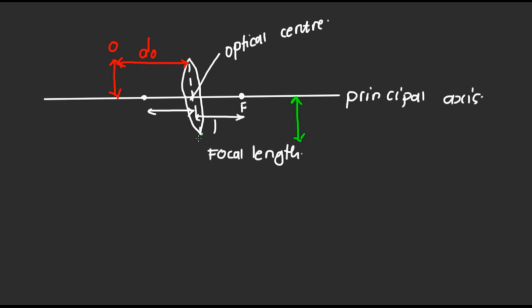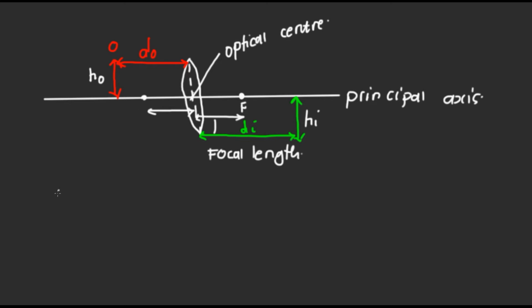The distance from the optical center up to where the image is formed is known as the distance of an image, denoted by DI. The other thing you are supposed to know is the height of an object, HO, and the height of an image, HI.